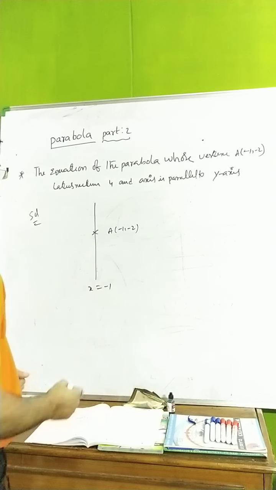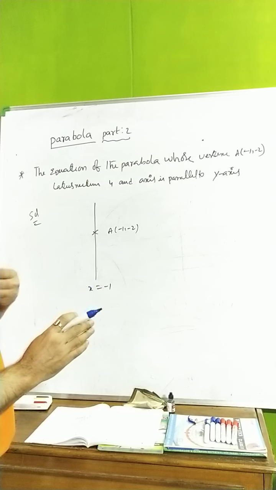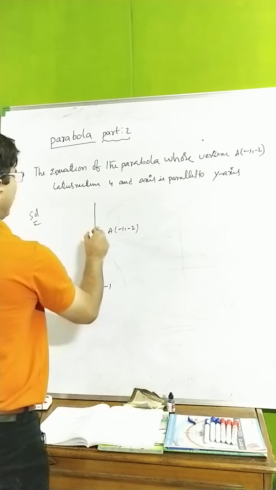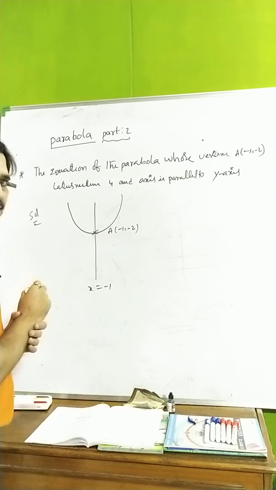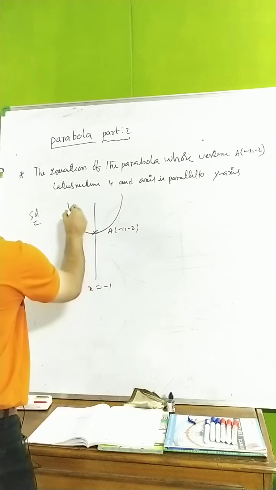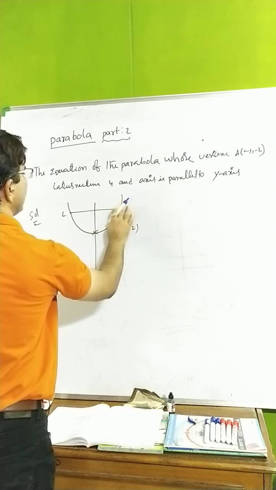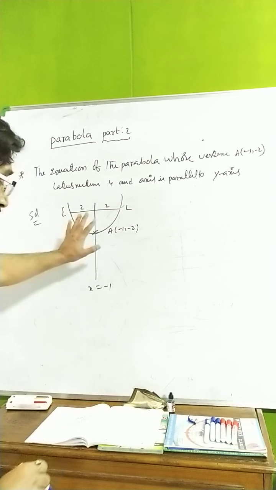In this case, there are two possibilities now. What are the two possibilities arising? The parabola may be like this, because he said that the latus rectum is 4. LL dash he has given 4. That means this is 2, this is 2. One chance is this.